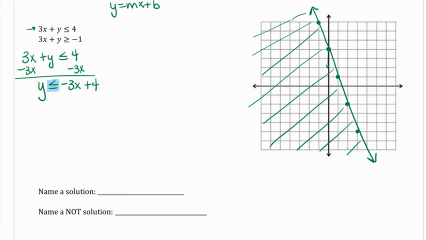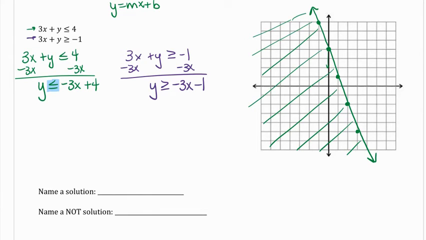Okay. And the next line, again, I'm going to take it and solve for y first. So this one is 3x plus y greater than or equal to negative 1. We'll subtract our 3x on both sides. We get y is greater than or equal to negative 3x minus 1.